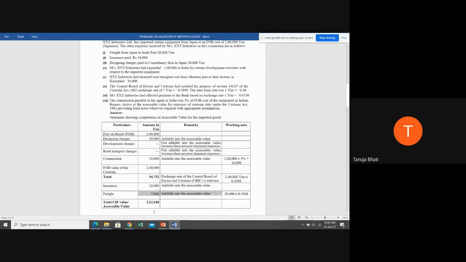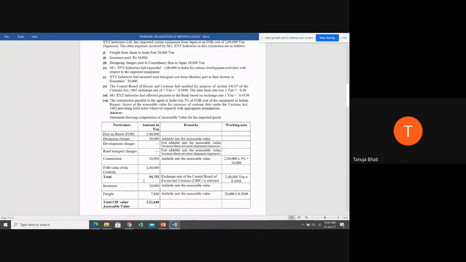So you have to bring everything under one category, either yen or rupees. You convert this 2,40,000 yen into rupees, which gives 94,752, because you have multiplied 2,40,000 by 0.3948. That is the exchange rate.